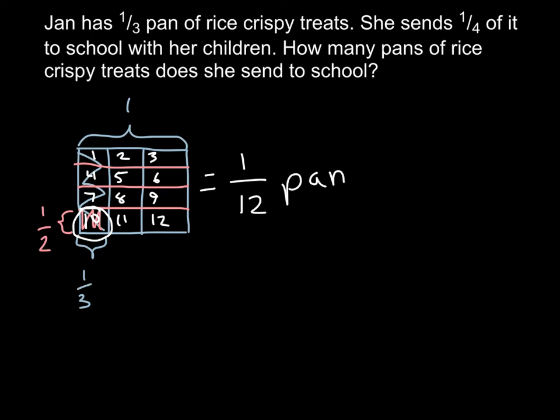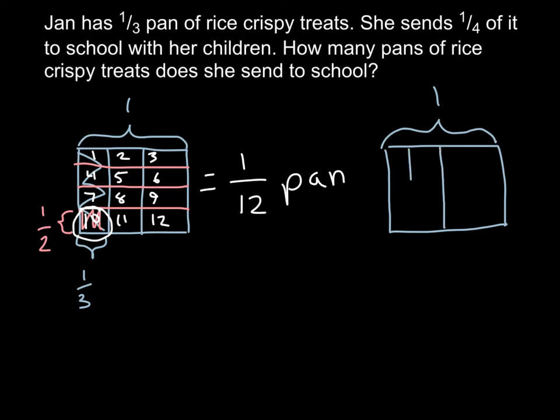Now, when we're doing problems like this, it doesn't matter which of the fractions you do first or which orientation you use for your rectangular fraction model, because multiplication has the commutative property. So I could easily have, instead of doing the 1/3 first, I could have done the 4ths first, and then I could have done the 1/3 the other way.